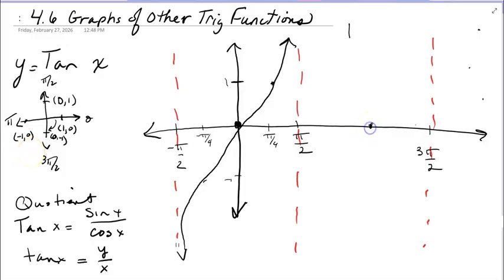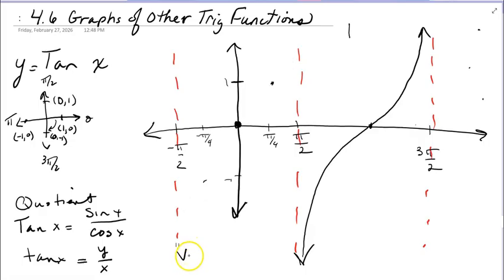So it's an intercept at 0. And you get the same kind of graph going on here. So your tan graph essentially looks like this.